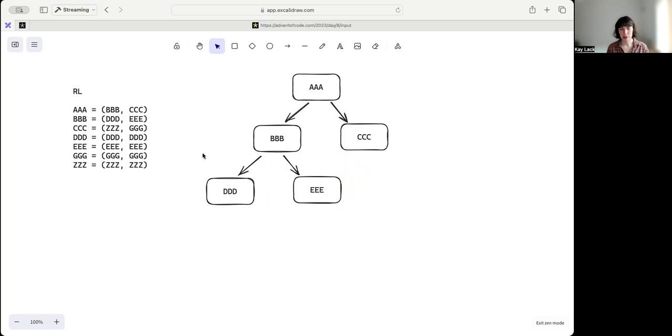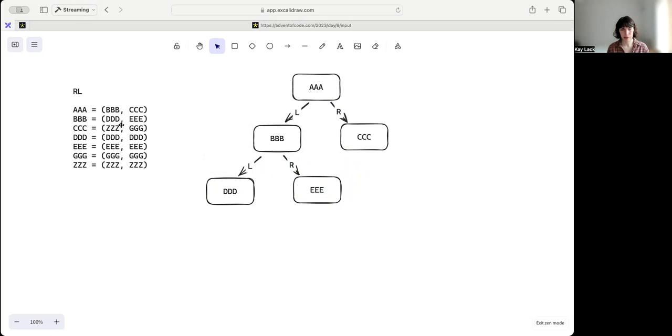Though actually, we can't model it like this because it's a graph, not a tree. So I will have to mess this up at some point. Let's say this is left, this is right, and this is left, and this is right.